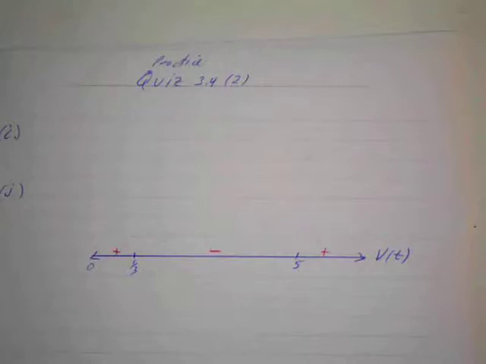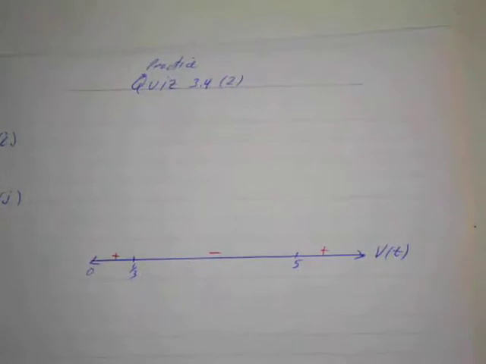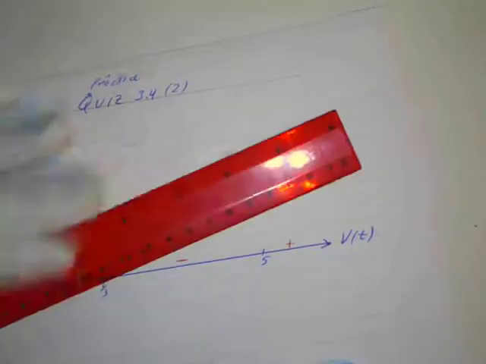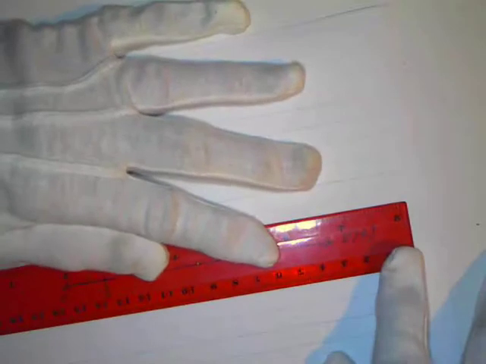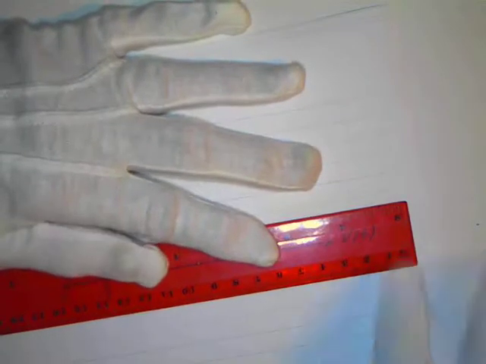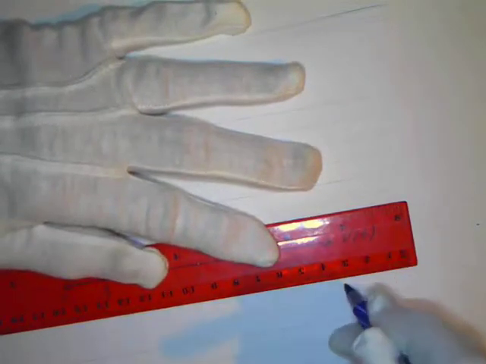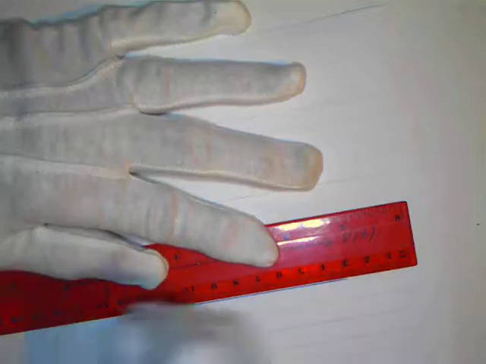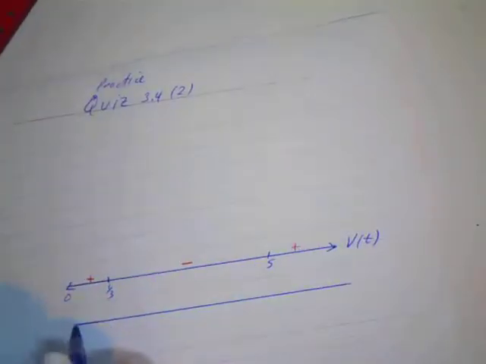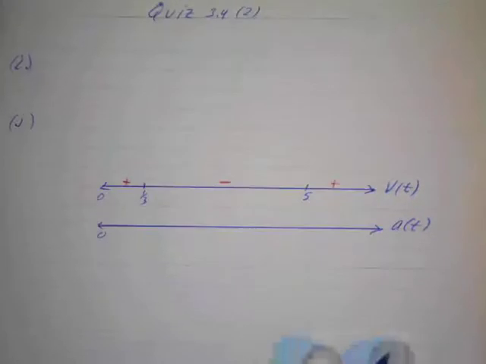And then I also want to draw an acceleration line right underneath that so we can compare the intervals. So this would be 0 time, and this would be acceleration as a function of time. And then we want to find out when the acceleration changes sign.